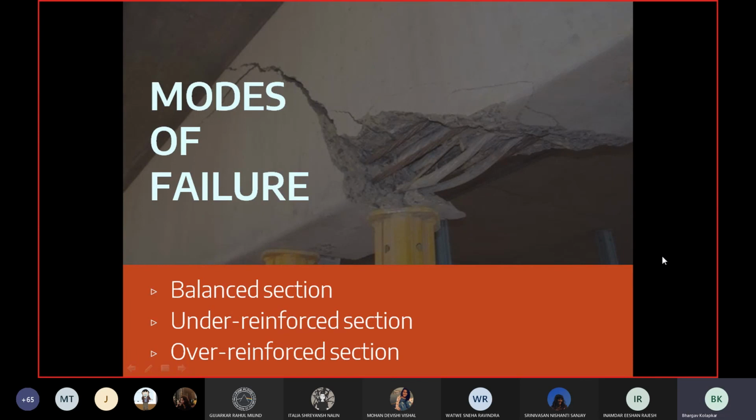So now you have steel and concrete in the compressive zone, and both of them are going to act together to increase the bending moment capacity of the section. So these kinds of beams are called doubly reinforced beams.